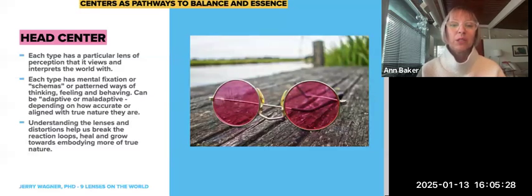So when you're looking at the head center, it's what are the thought structures, what are the belief systems that distort reality, that lead to these reaction loops. So that's the primary aspect of the head center.